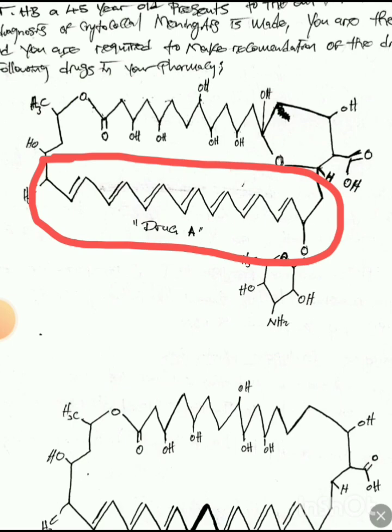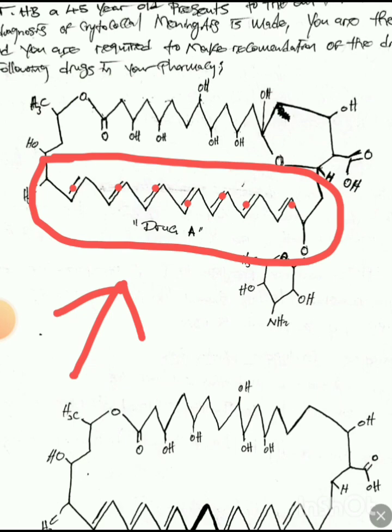The polyene component is the highlighted component in the drug. So how many double bonds are present is directly related to the activity and the safety of the drug. The structure-activity relationship elucidates that for polyene antifungals, the number of double bonds is directly proportional to the safety and the activity of the drug.